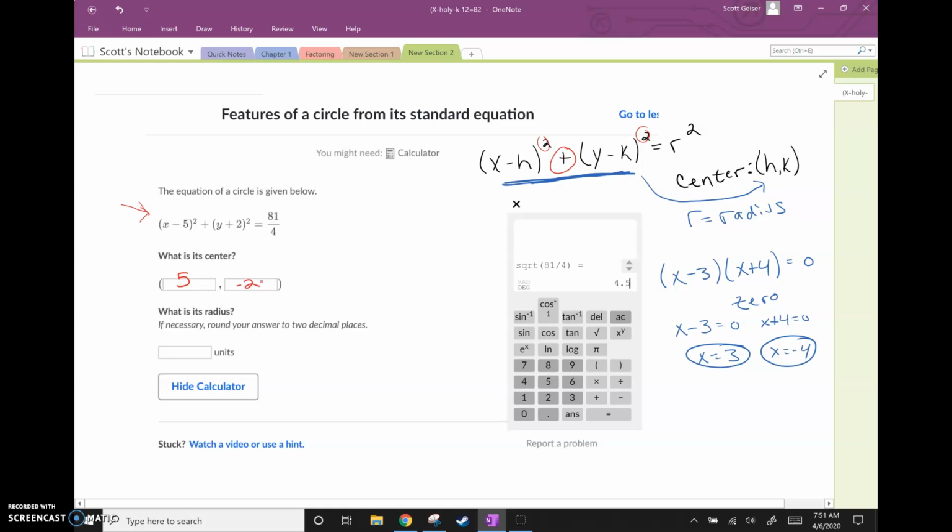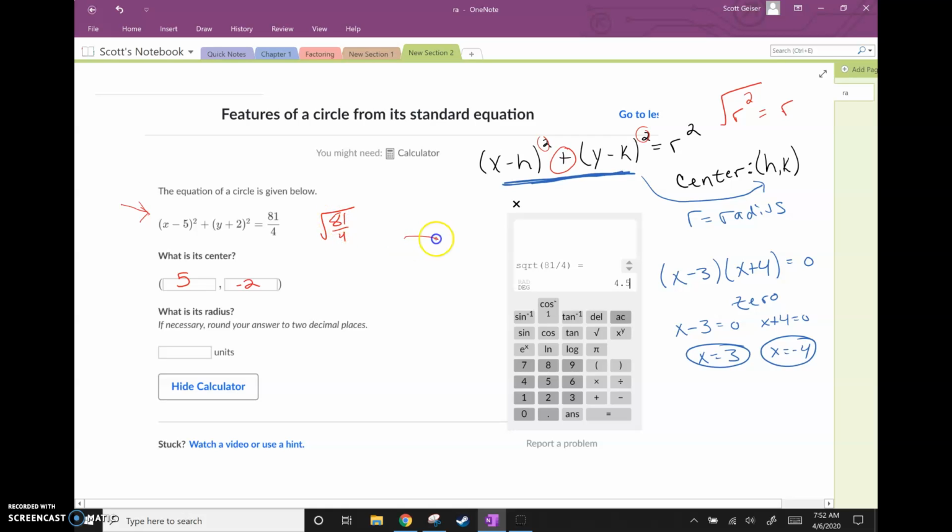Since it's equal to the radius squared, I'm going to have to get r by itself. If I have r squared, I'd have to take the square root of r squared to get my radius value. So whatever this number is here, I'm going to have to take the square root. So I can go square root of 81 over 4.